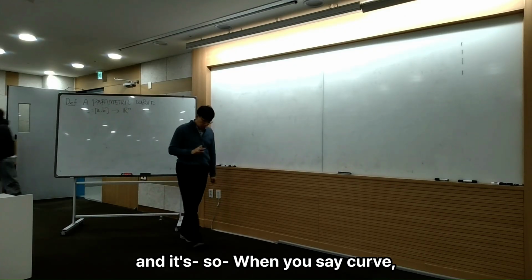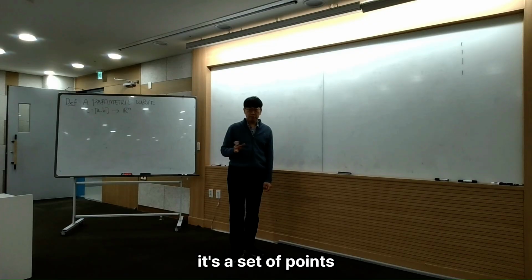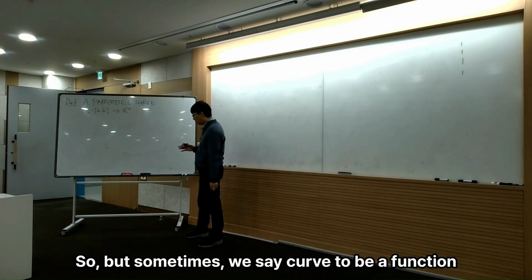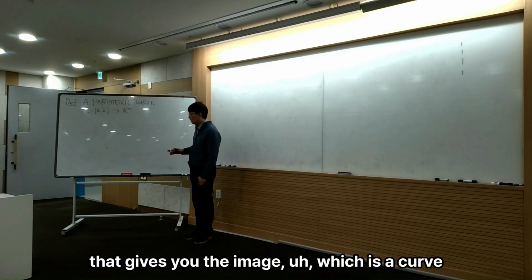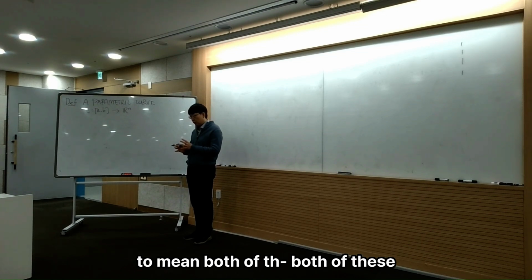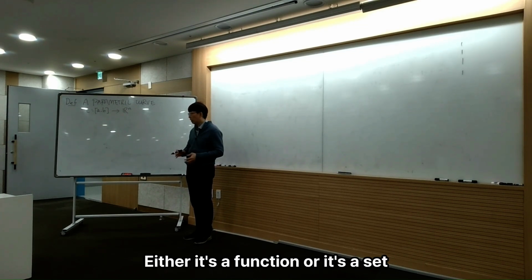When you say curve, it's a set of points. Basically, it's a line, right? But sometimes we say curve to be a function that gives you the image, which is a curve. So we're going to use the word curve to mean both of these: either it's a function or it's a set.